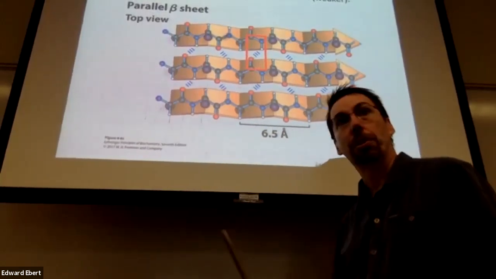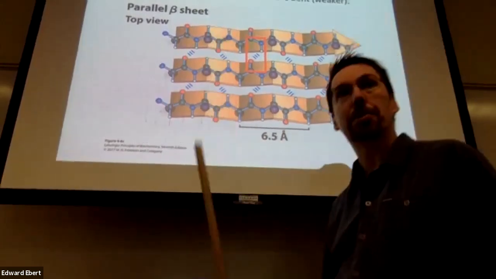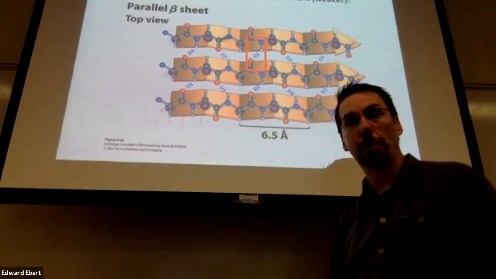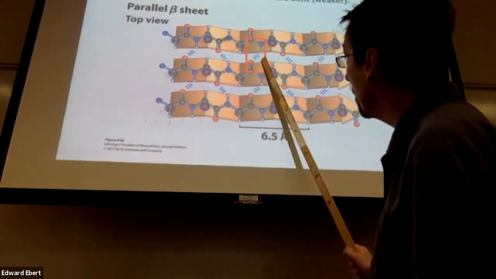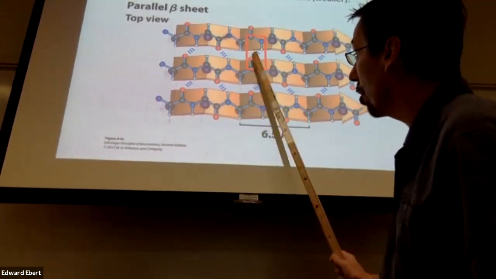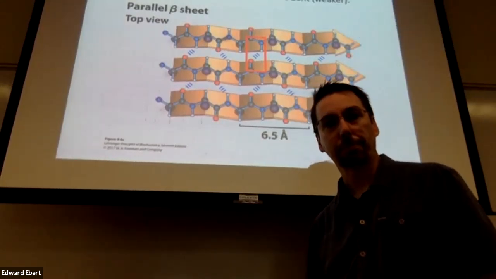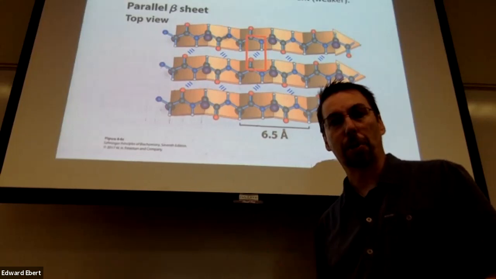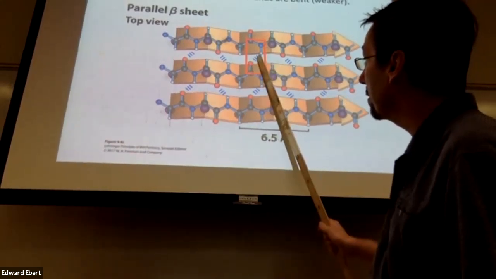Okay? When we compare this to our anti-parallel, they're going to line up. So anti-parallel will be a bit stronger than our parallel. But our hydrogen bonds, again, are between the carboxylic acid and the amino groups. Okay. All right. So these are bent. So our hydrogen bonding is not linear.